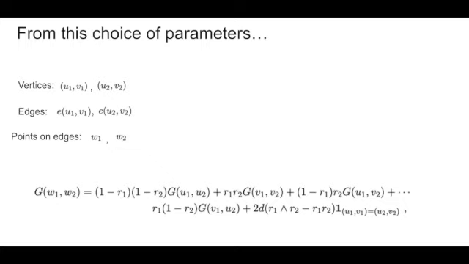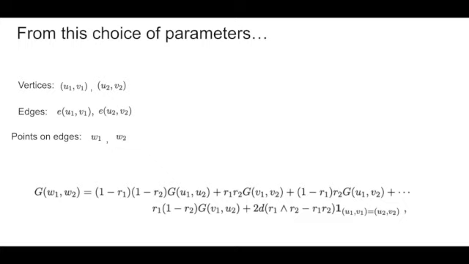We can see that in the second term given in the covariance, if we look at g of v1 and v2, which is the Green's function between these two vertices that we fixed from the previous choice of parameters, we just multiply this term of the Green's function by r1 and r2.